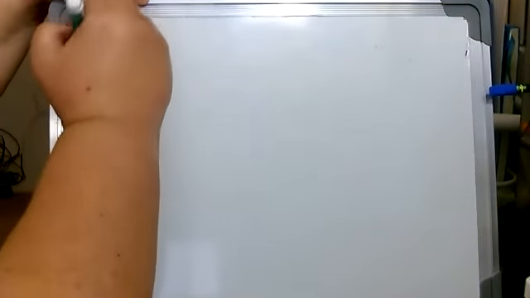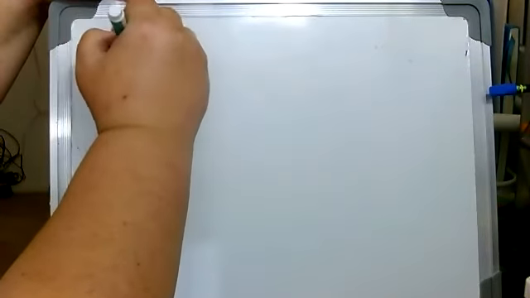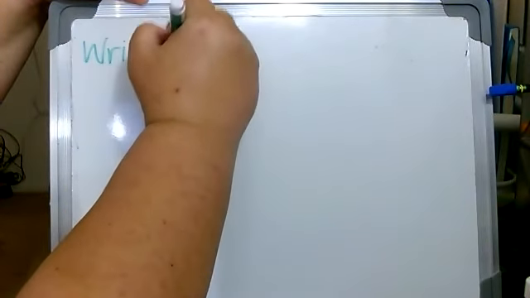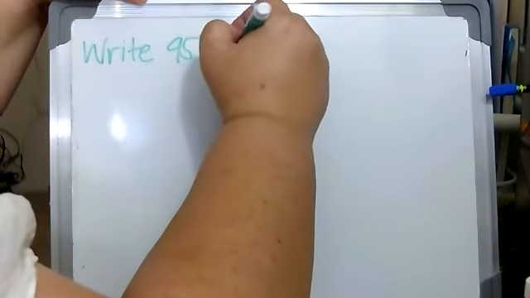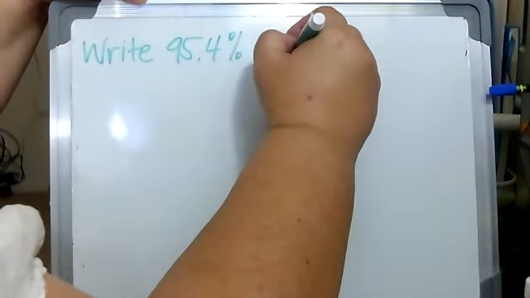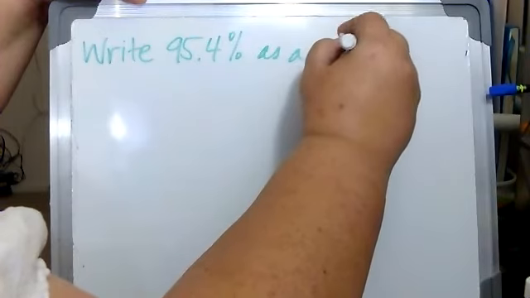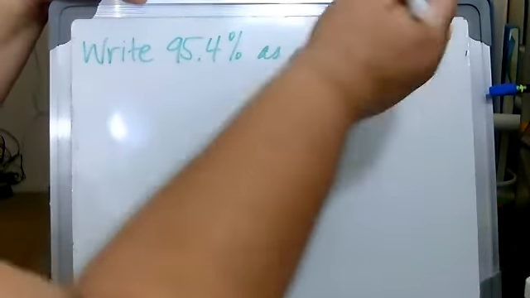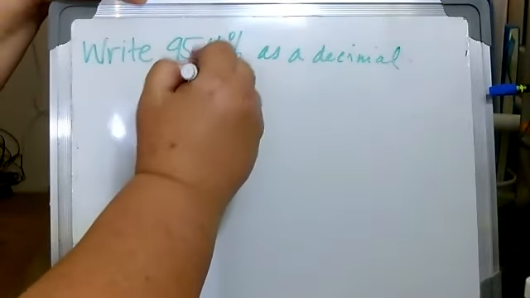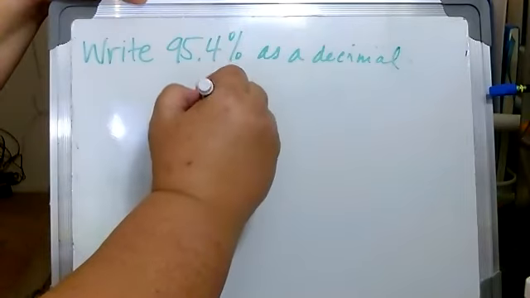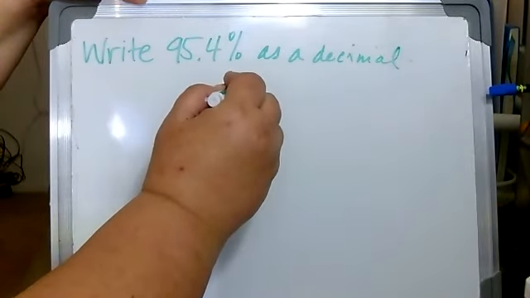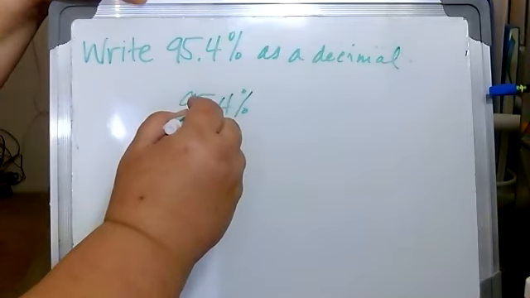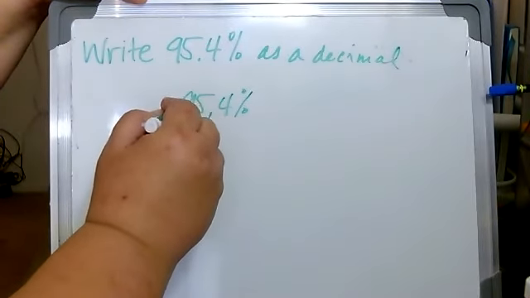95.4% as a decimal. Now remember, all we have to do is take this 95.4 and move the decimal over 2 places to the left.